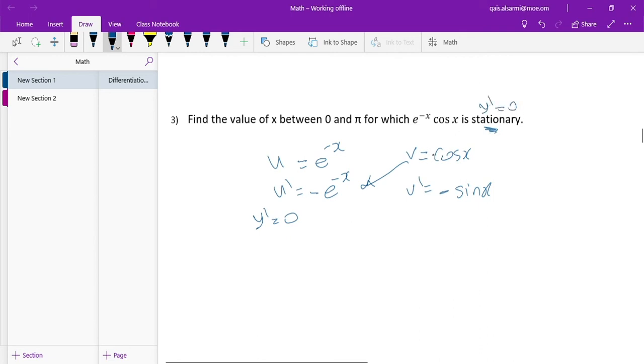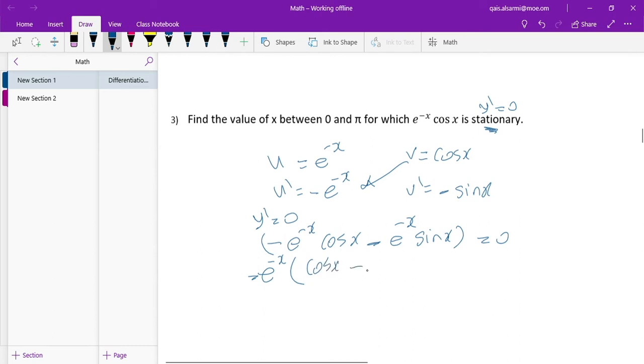Type. Where is y dash here? It is negative e power negative x cosine x, negative e power negative x sine x equals 0. Type. Take e power negative x and the negative sign also as a common factor.